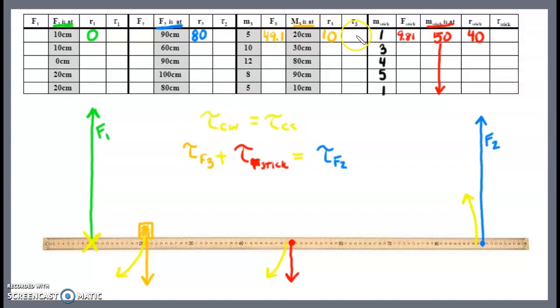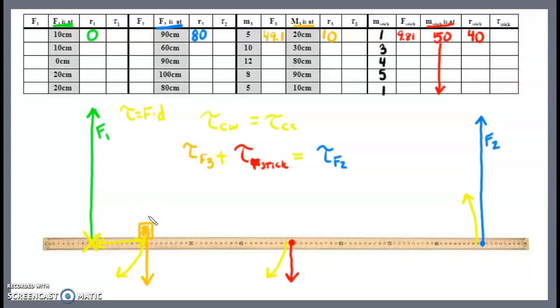I can solve the values for the torque of F3 and the torque of F stick. If we remember that torque equals force times the distance or the radius. Remember, the difference here is the force and the distance are not in the same direction, so this doesn't work. My torque and distance are in different directions.